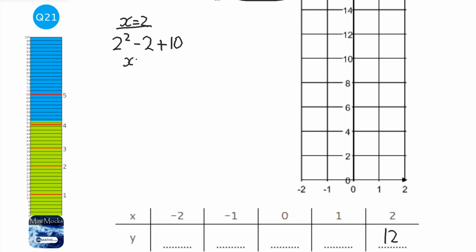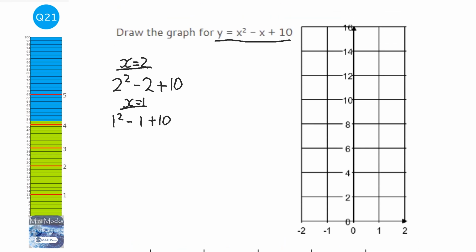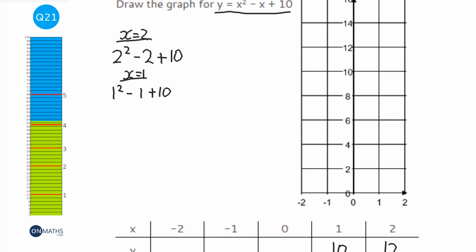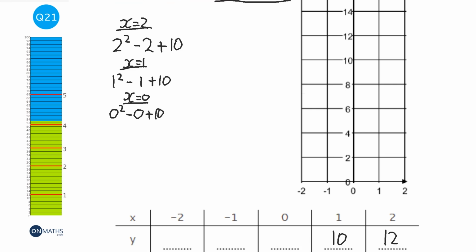We're going to do this for the other ones, so when x equals 1, we'll do 1 squared take away 1 plus 10. 1 squared is 1, so 1 take away 1 is 0, plus 10 is 10. Then when x is 0, it's just going to be 0 squared take away 0 plus 10, which is obviously going to be 10.